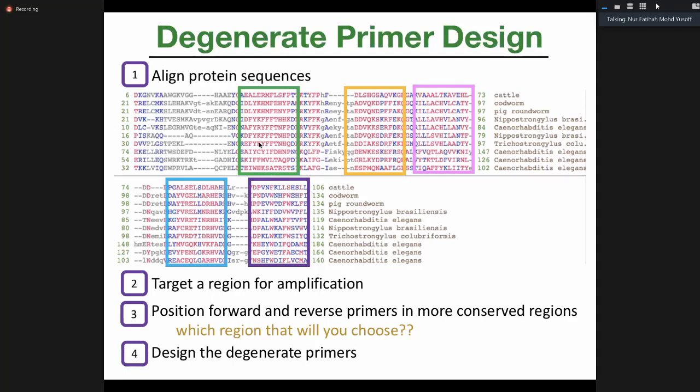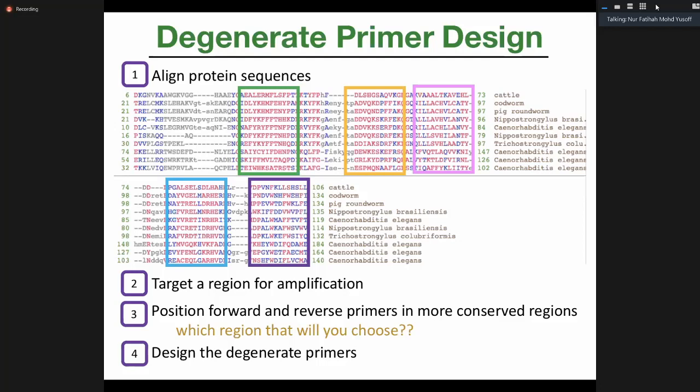So you want to design the reverse primer in the same box, in the same region? Or maybe the yellow box. Yellow box. Are you sure? Or you want to go to the pink box? So you stick with your answer, the yellow box? Yes. Okay, thank you, Nadira.